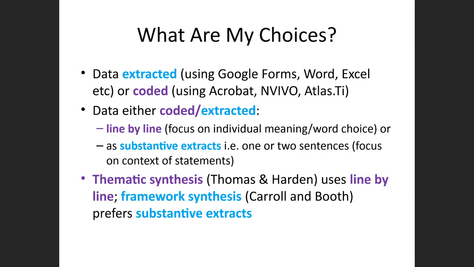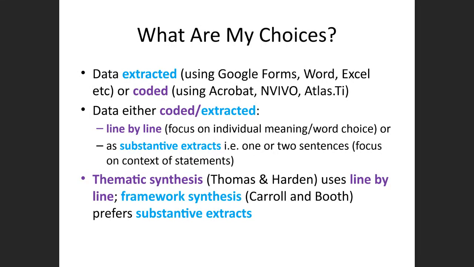And the data that is coded may be coded line by line. So the focus is on the individual meaning of that particular line, and we perhaps focus more on the word choice within that line. Or it could be extracted as substantive extracts, so perhaps one or two sentences or sentence fragments. And there, perhaps we get a greater attention to the context of the statements.